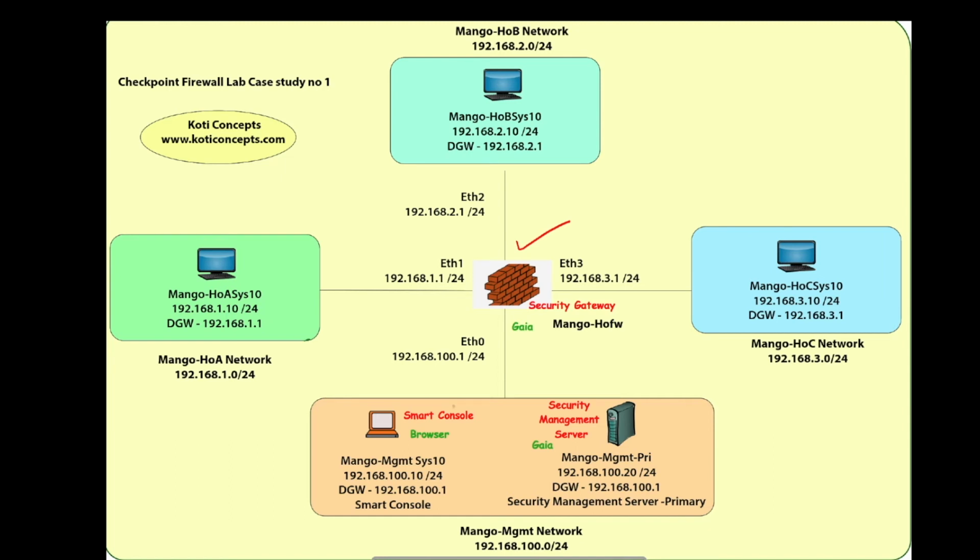Then install the policy: publish and install. What does that mean? Because I made the changes in the Smart Console, I'm asking it to publish the changes to the management server and install from the management server to the gateway. I can't install the policy directly from the Smart Console to the security gateway. So I say publish and install. When I say publish, all the changes are saved onto the management server.